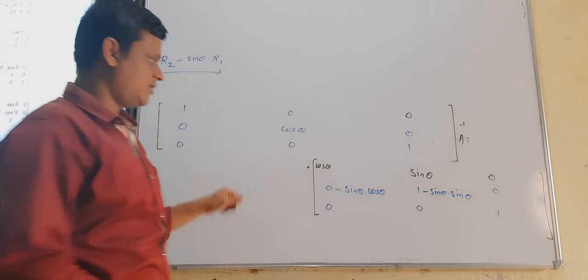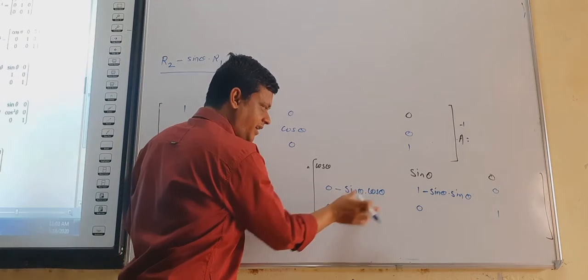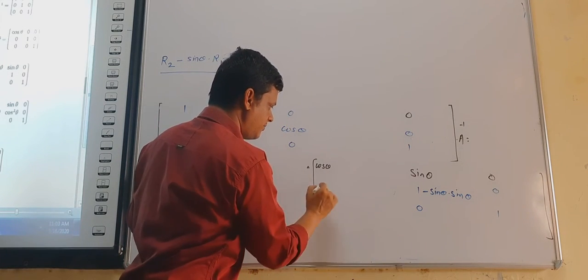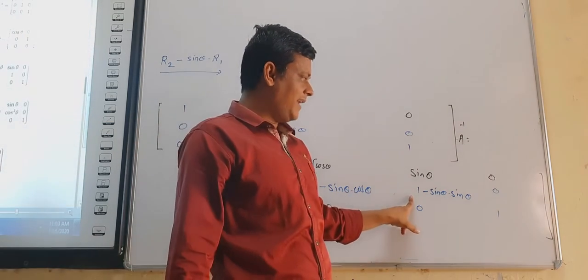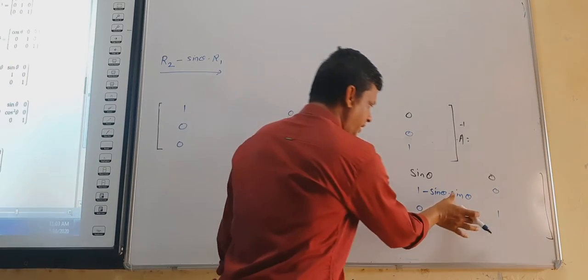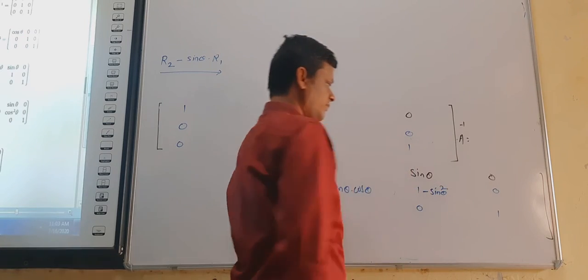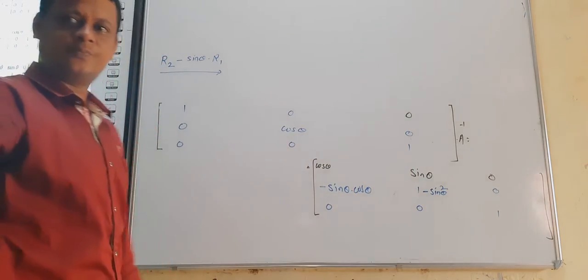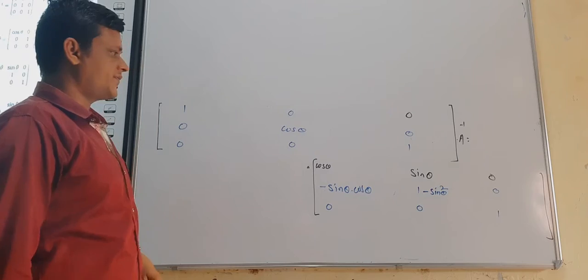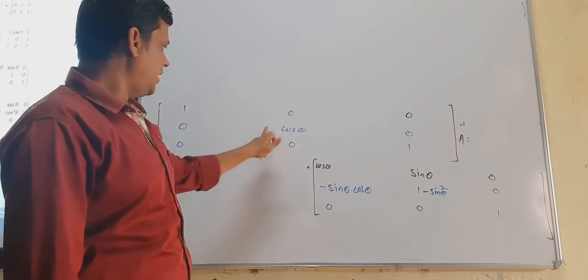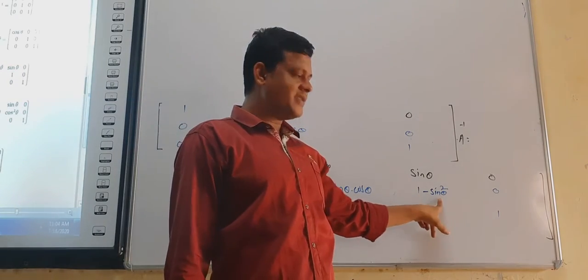On RHS, the first row elements are as it is. In the second row, 0 minus sin theta into cos theta. So we write here minus sin theta into cos theta. Here 1 minus sin theta into sin theta. So we write here 1 minus sin square theta. And the last element is 0. Now observe the terms. Here is cos theta, we require here 1. Here 1 minus sin square theta.